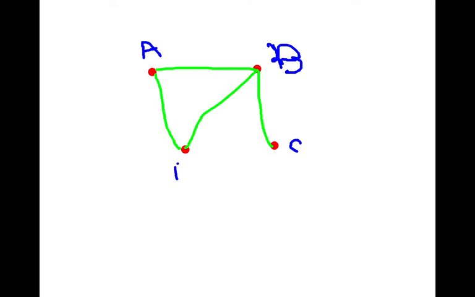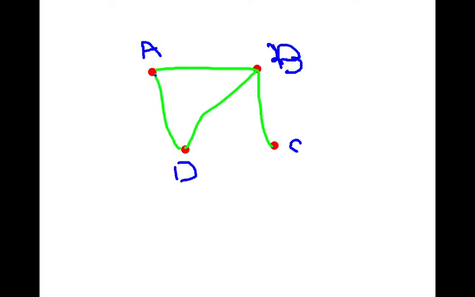For the sake of convenience, let me give them alphabetical names. This is A, this is B, this is C, and this is D.